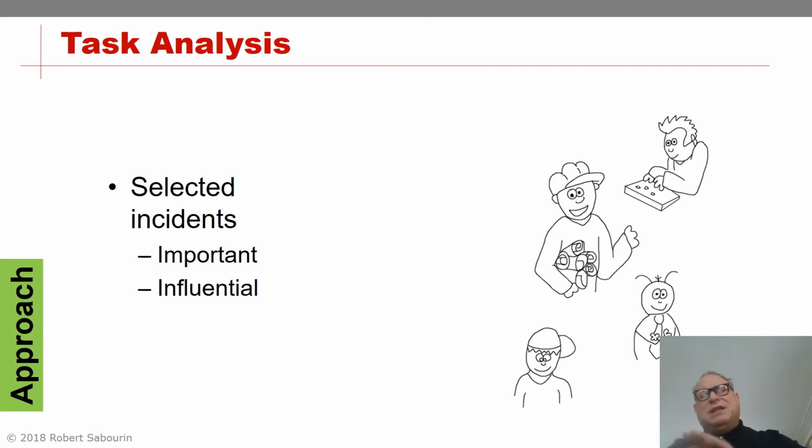So the incidents we select, we try to get ones that people are going to share that were important or influential or both. Now, I don't know how boring your job is, but a lot of people have jobs that are pretty dull.